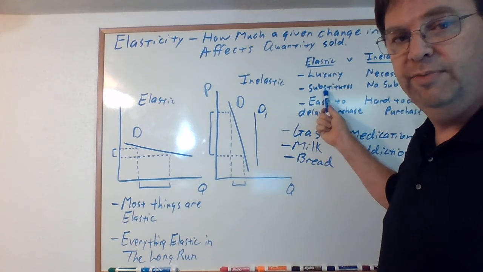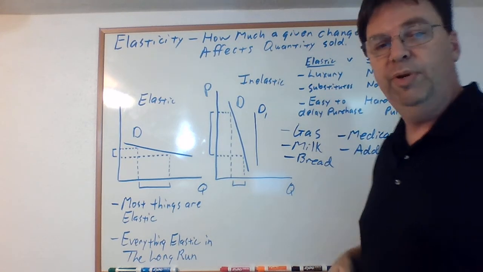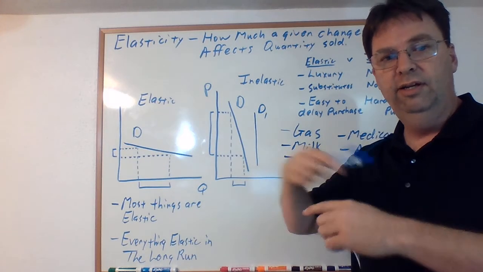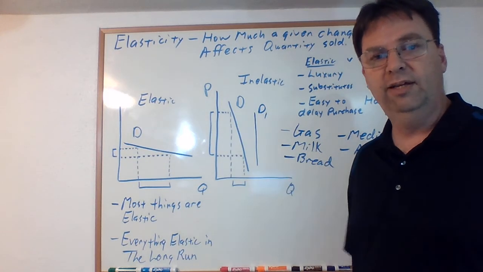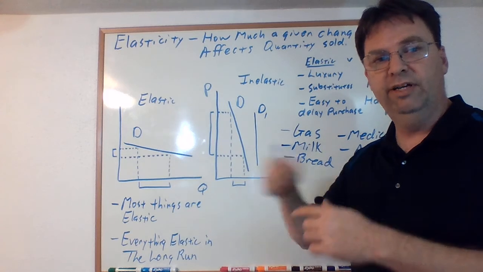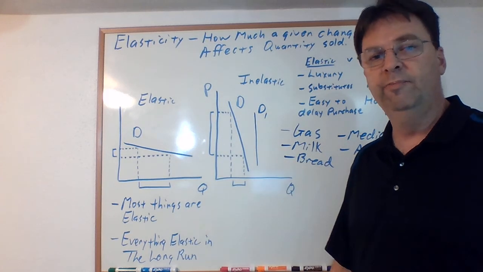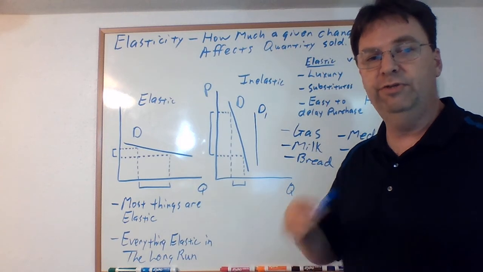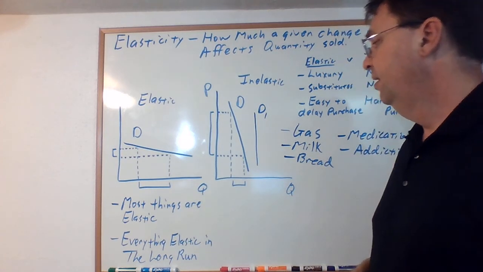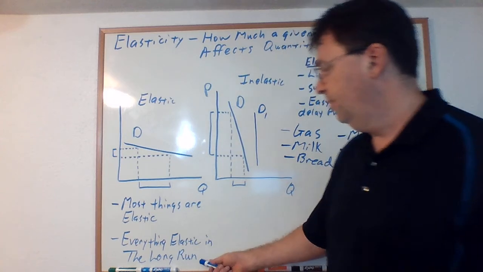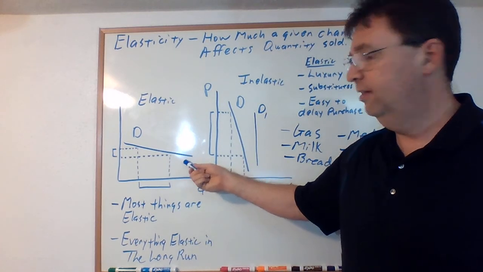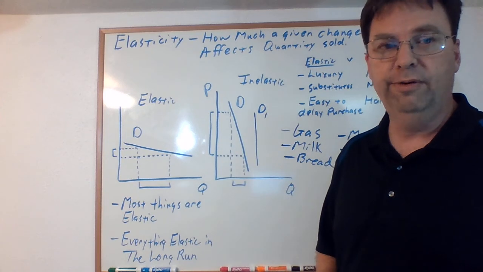The law of substitution would take over, and people would just say, hey, I'll just drive an electric car. And we'd switch our whole economy from gas-powered cars to electric-powered cars. And these days, they're coming on strong pretty good with electric cars anyway, so it would just accelerate that change. So in the long run, everything's elastic. Everything is elastic in the long run.